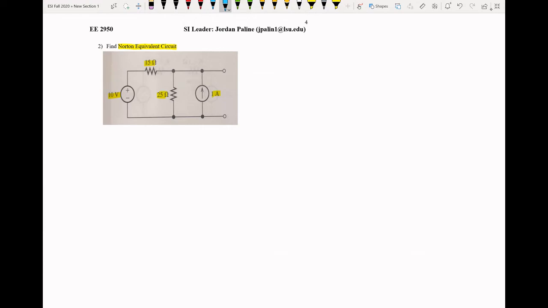And then over here, we have plus minus VOC. So to find our Norton circuit, we're going to need to find I of N and R Thevenin.